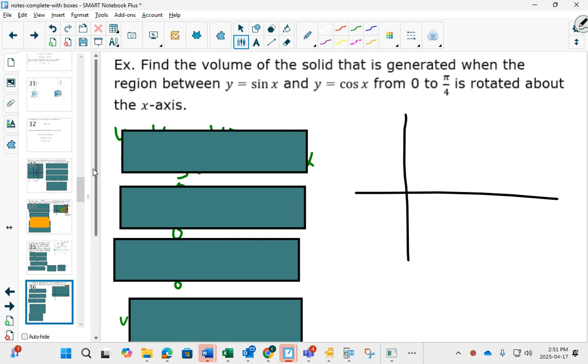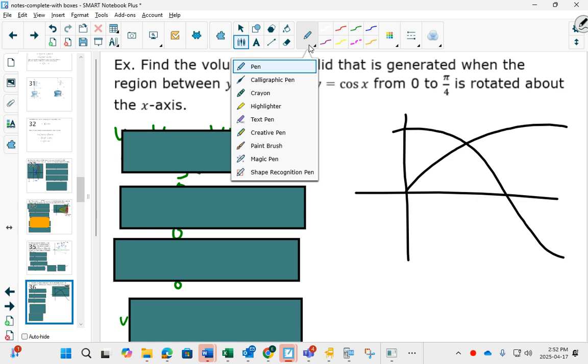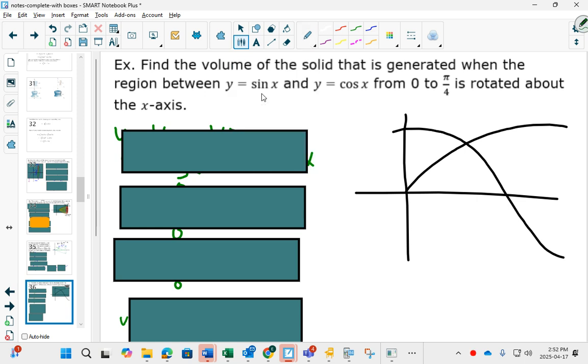So if we took our cos graph and we took our sine graph, the area in between them, right here, this area in green, that's the area in between those two.